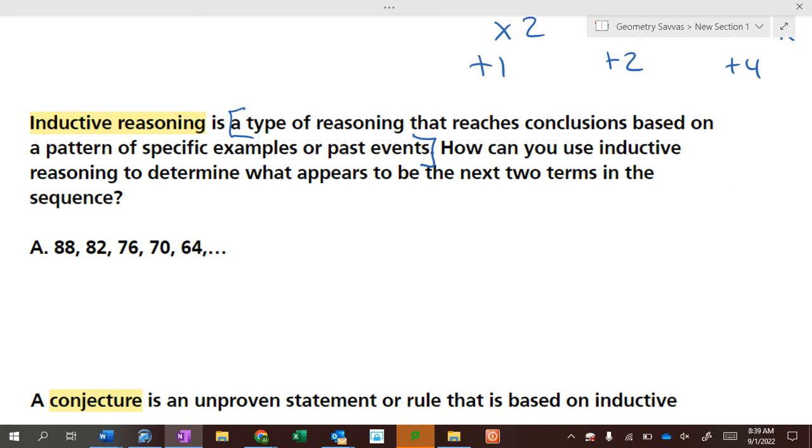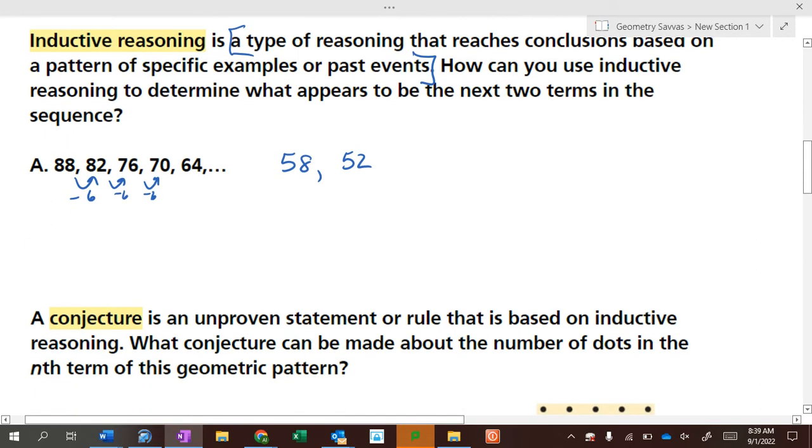Nick, what do you think? 58. Next number is 58. And then it would be 52. What's happening each time? We are going down by 6. Going down by 6.